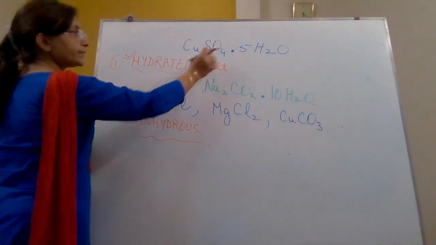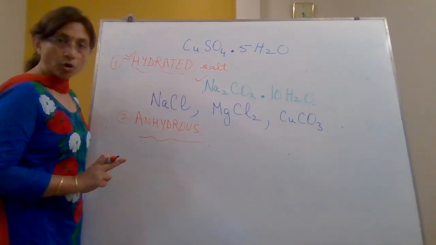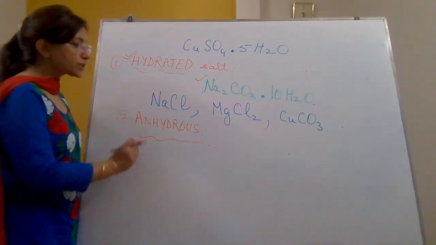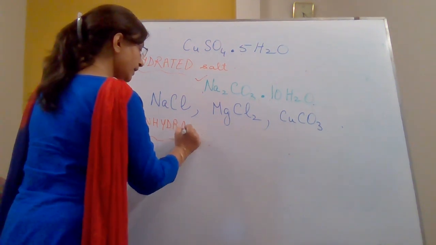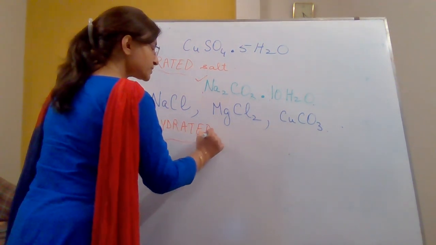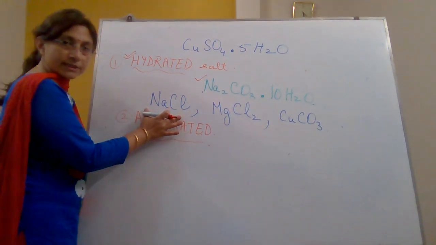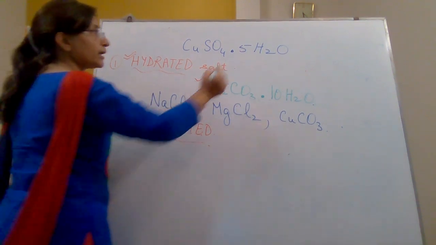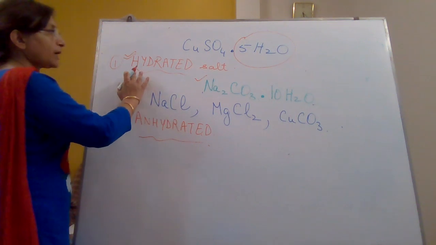So hydrated is the one in which one molecule of salt is attached with a fixed number of water molecules, and anhydrated substances are those in which no water of crystallization is present. Difference दोनों में सिर्फ एक ही है, इस water of crystallization का. सीधी बात है.